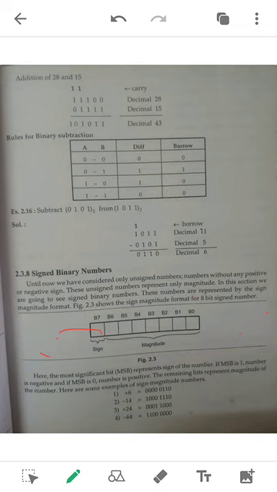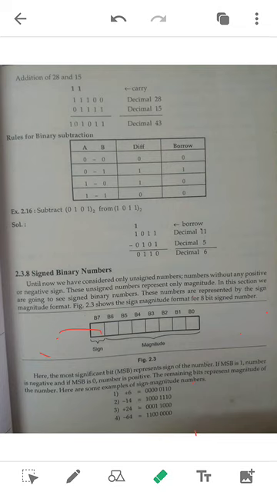Here you can see some examples: plus 6, minus 14, plus 24, minus 64. Here you can observe for minus 14, the MSB is 1.